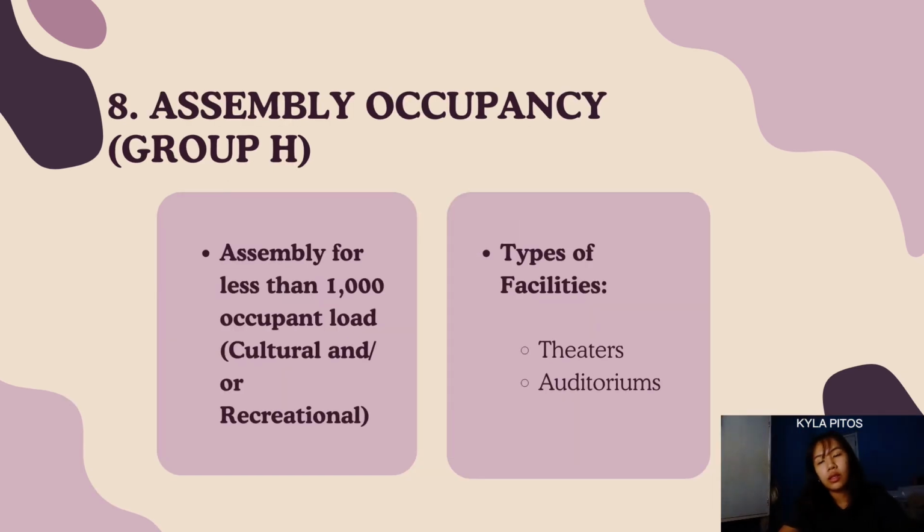For the 8th type of occupancy, which is the assembly occupancy, or also known as the Group H. Under this type of occupancy is a recreational or assembly that must only have an occupant load of less than 1,000. The types of facilities under this occupancy are theaters, auditoriums, convention halls, and audiovisual rooms.